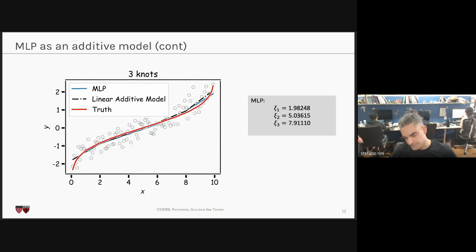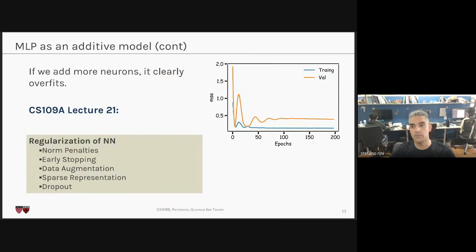Then what we can do is try to construct different models that approximate this function. And here in blue, we see an MLP, and in dotted black, we see a linear model, and then we can ask ourselves, which model has the best performance according to what is permissible for us to use as an algorithm to implement this.